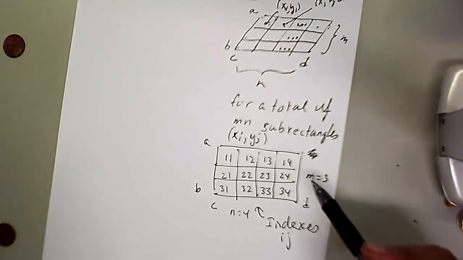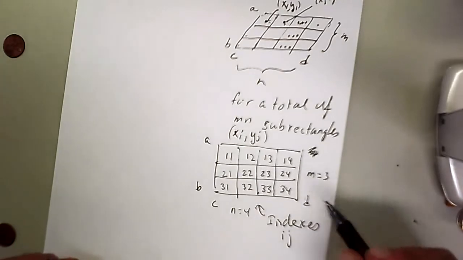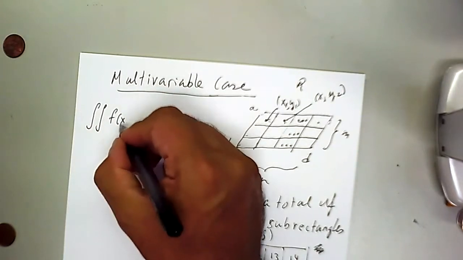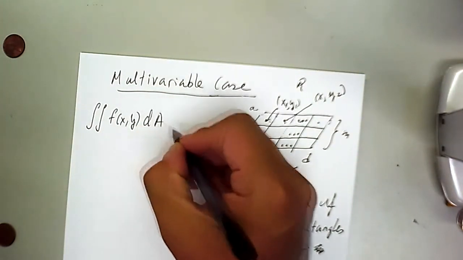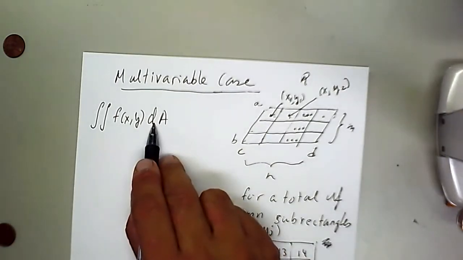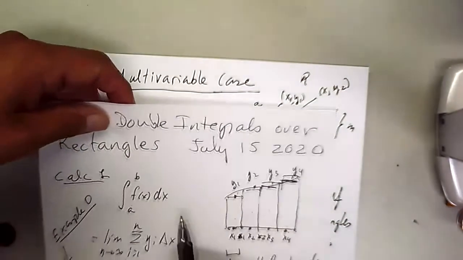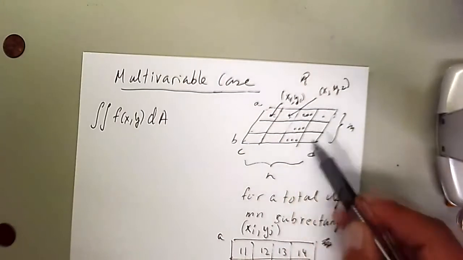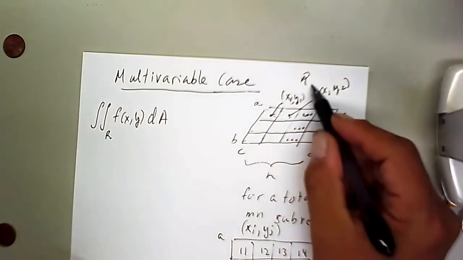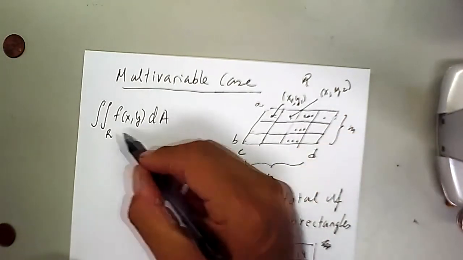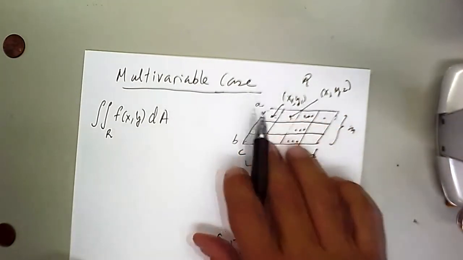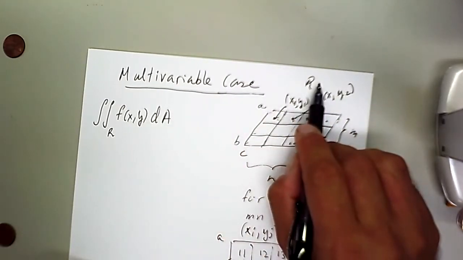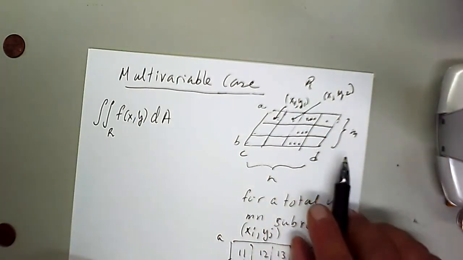All right. So we're working with a double integral of a function of x, y with respect to the area. So this is with respect to the area as opposed to in Calc 1 with respect to the input, so with respect to this line. Now we're going to do it with respect to the area over the region. In this case, it is sometimes hard to describe the region. So we just label R, the region where we are integrating, and somewhere else we define what the region R is.